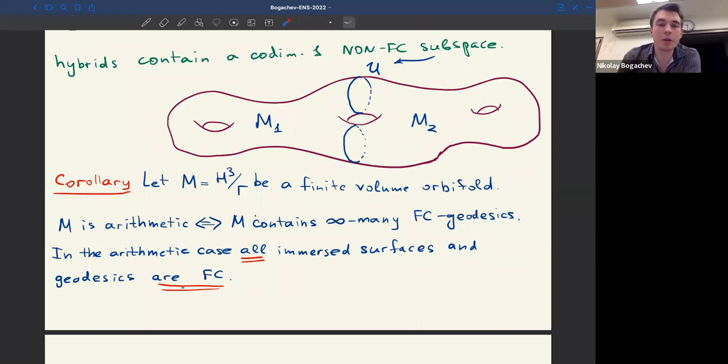And Alan Reid, as I understand, proved exactly this statement for hyperbolic 3-manifolds. So he showed that there are infinitely many geodesics. He called it in a bit different terms, but it is equivalent to what we proved. But this corollary is really just a very simple corollary of our main theorem.